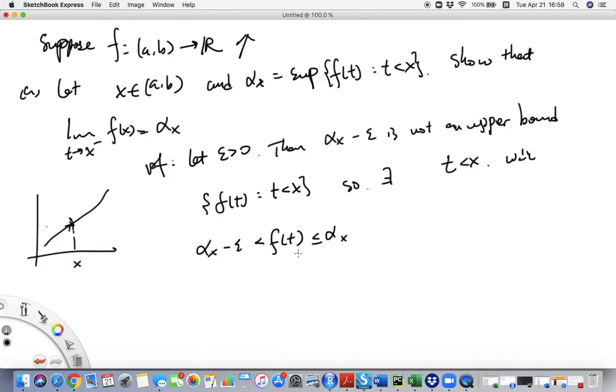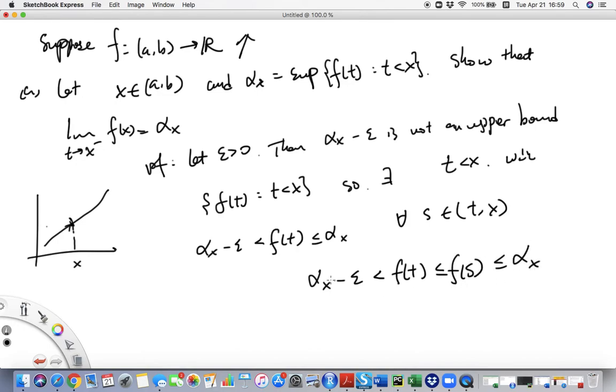Since f is increasing, for all s in the interval from t to x, we have alpha x minus epsilon less than f of t, less than or equal to f of s, and less than or equal to alpha x, right? So the absolute value of f of s minus alpha x is less than epsilon. Since epsilon is arbitrary, it follows that the left limit is alpha sub x.